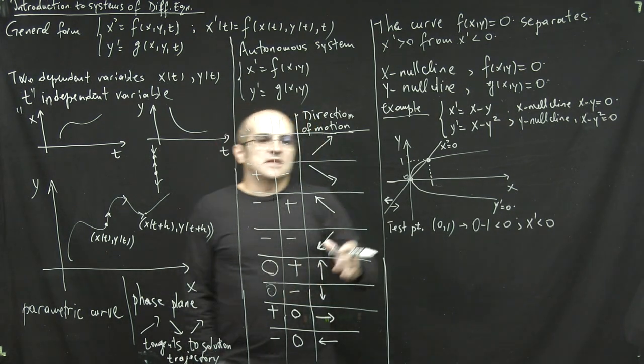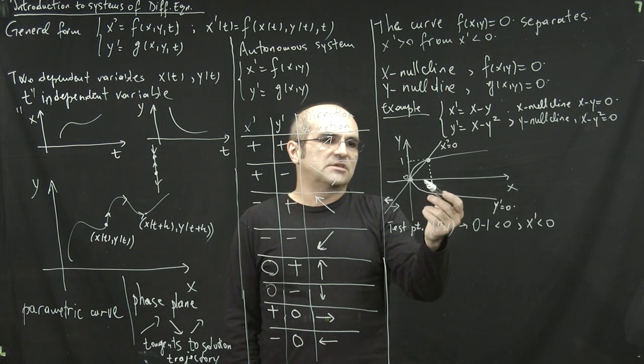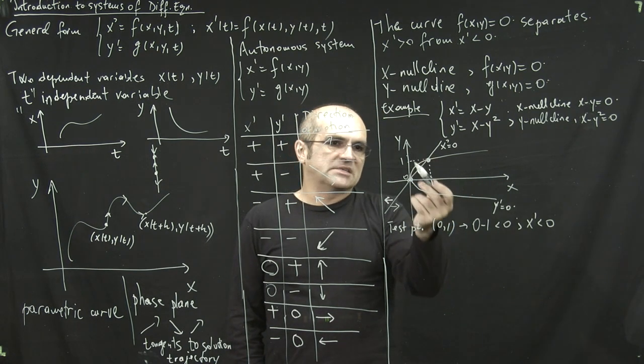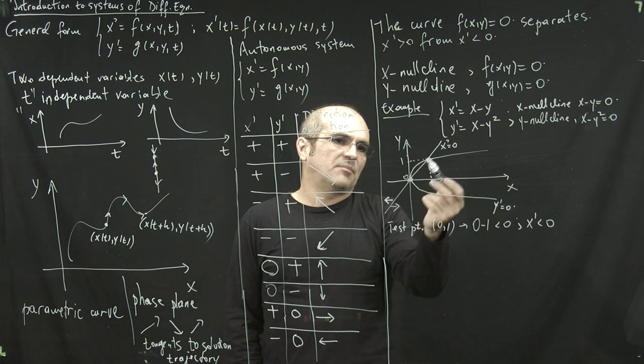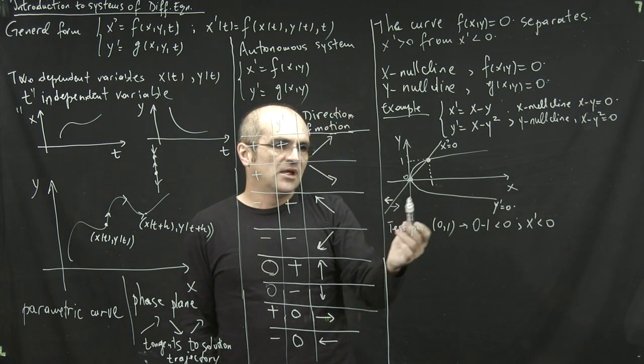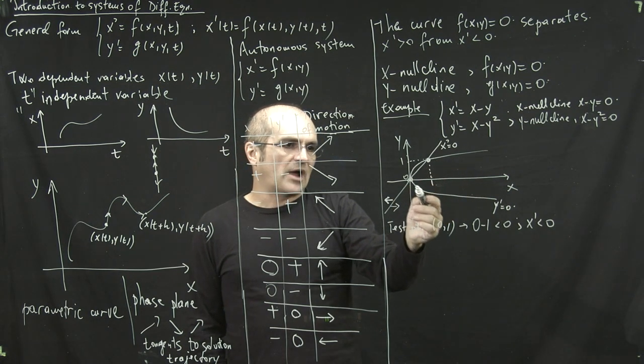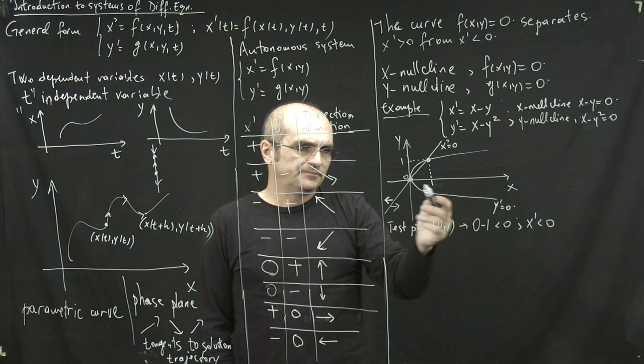Okay, so the same analysis for the parabola. Let's pick a test point outside of the parabola. You have to make sure you pick a test point either outside or inside the parabola, depending on what you want to test. I can use the same point here to figure out the sign of y prime outside of the parabola.